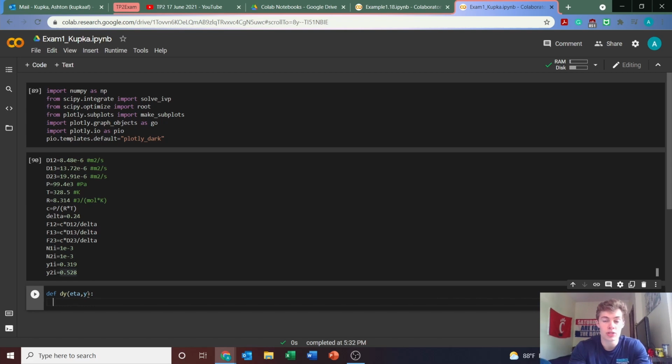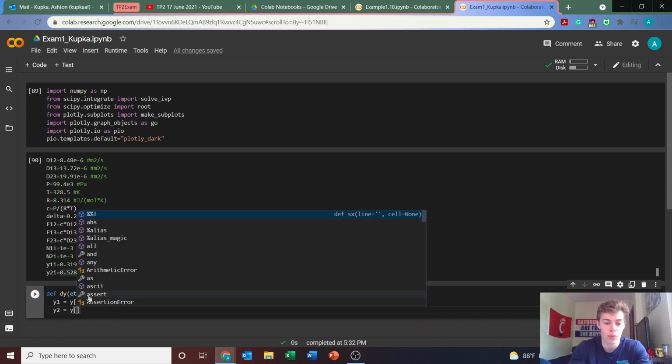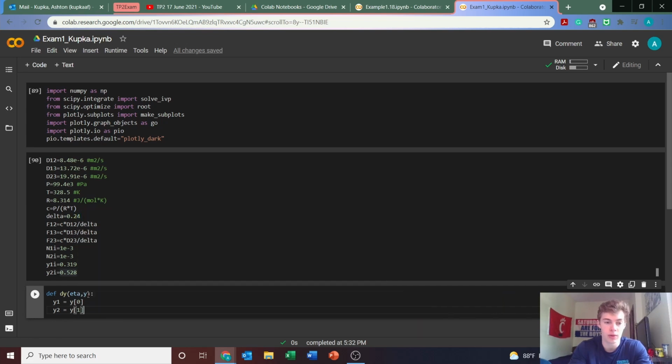And then I'm also going to store our mole fractions of acetone and methanol. For acetone, we're going to store it in the first slot of the array, so we're going to call that 0. And then for methanol, we're going to store it in the second slot, which is y, the second component.